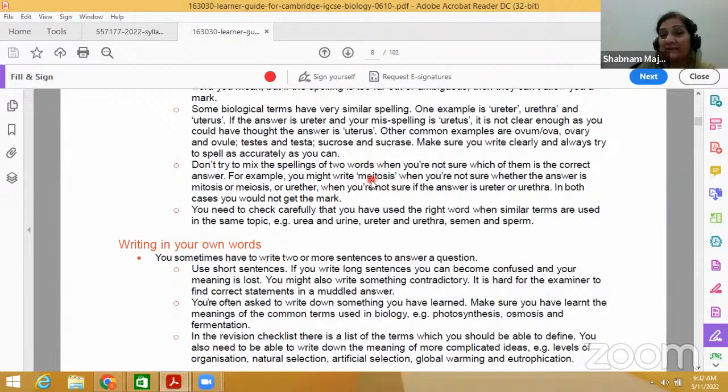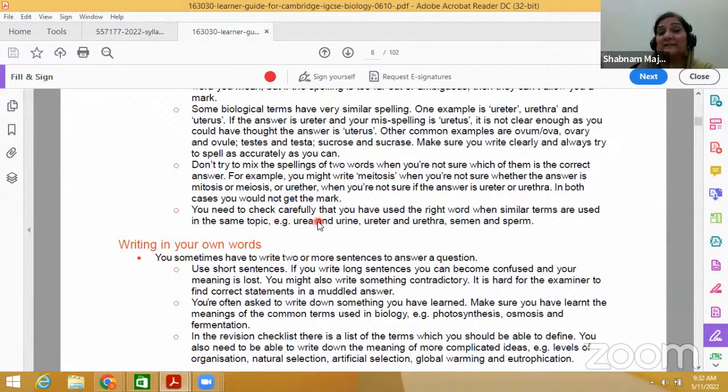This is neither mitosis nor meiosis. This is a wrong spelling. I think you were trying to write mitosis, so it's M-I-T-O-S-I-S. When you are not sure whether the answer is mitosis or meiosis, or ureter or urethra, in both cases you would not get the mark.